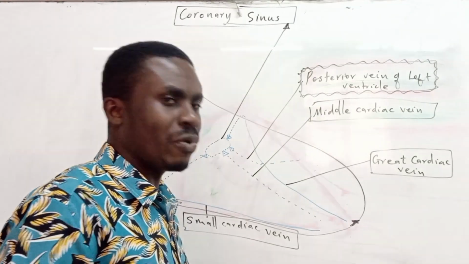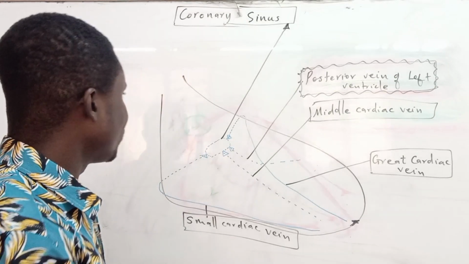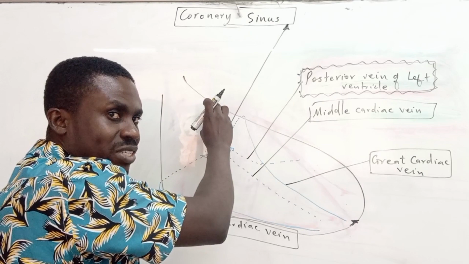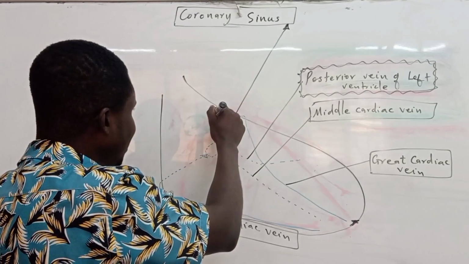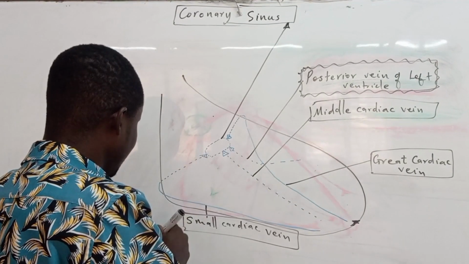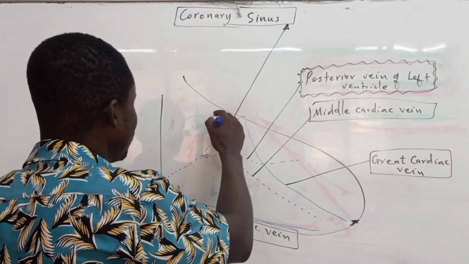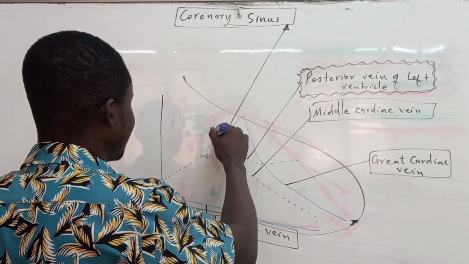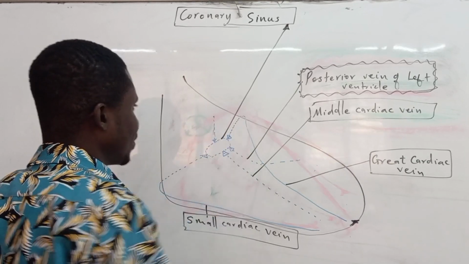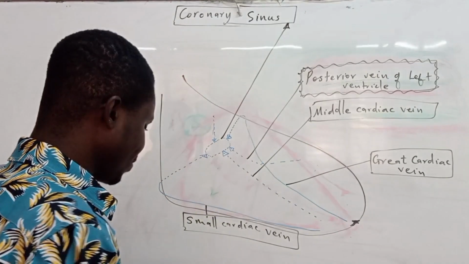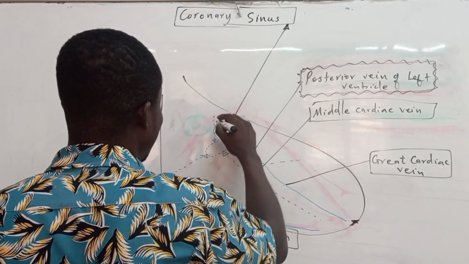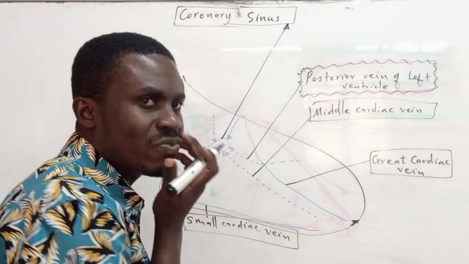Now, one more thing which I want you to appreciate is that coming not from the right atrium, but from the left atrium, there's a vein which comes from the left atrium. This vein actually runs in an oblique fashion.